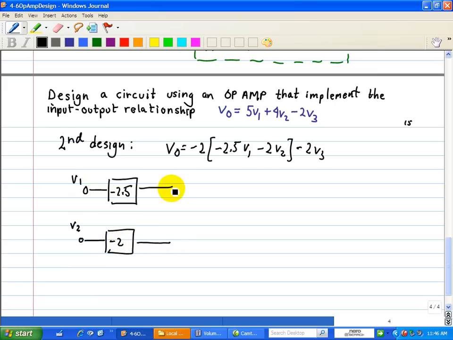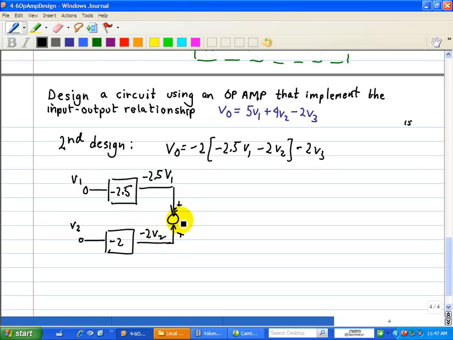We're going to add these two outputs together. The output of this amplifier is -2.5 times V1. The output of this amplifier of -2 would be -2V2.